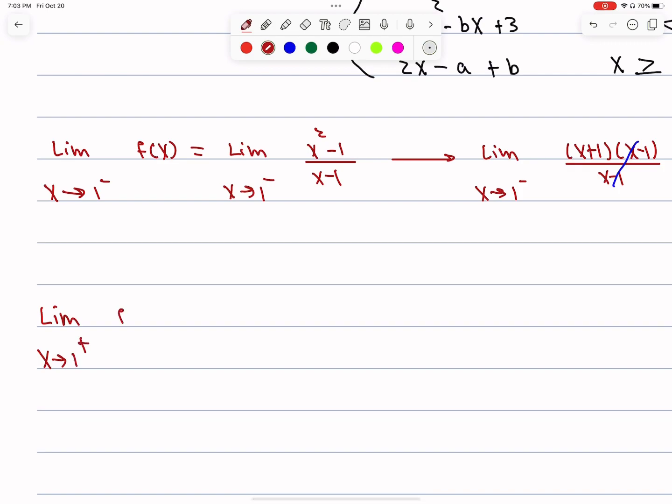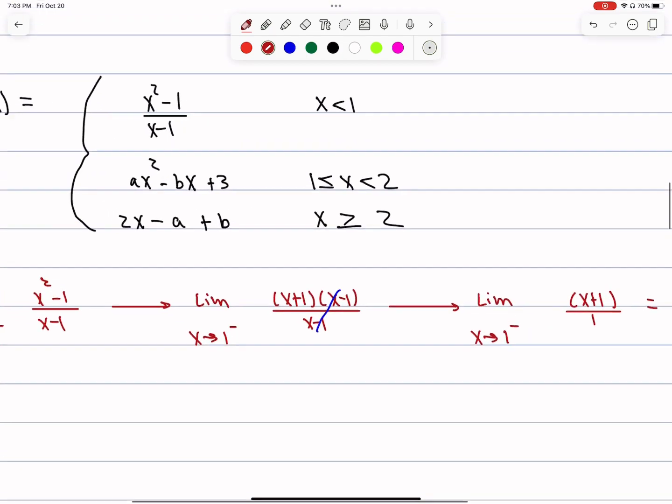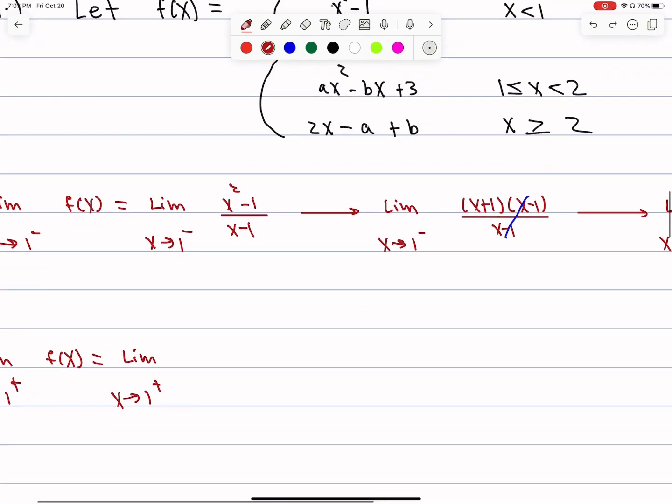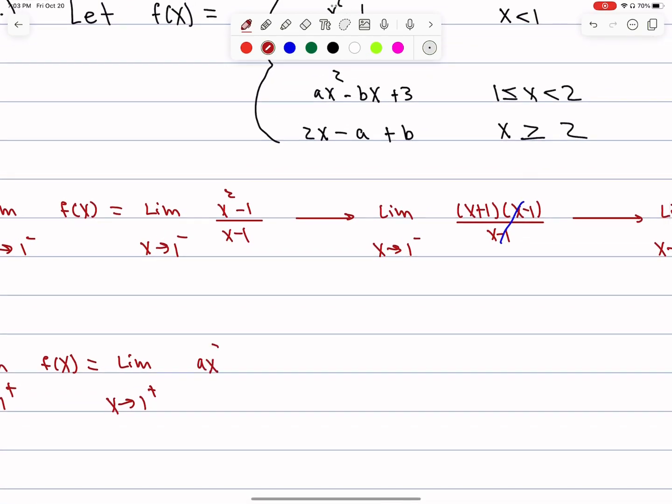So now it's time to evaluate the limit of 1 coming in from the right side. So we get limit x going to 1 from the right side, and we find the corresponding function for that, which is going to be ax squared minus bx plus 3, because x is greater than or equal to 1. It's coming from the right side.